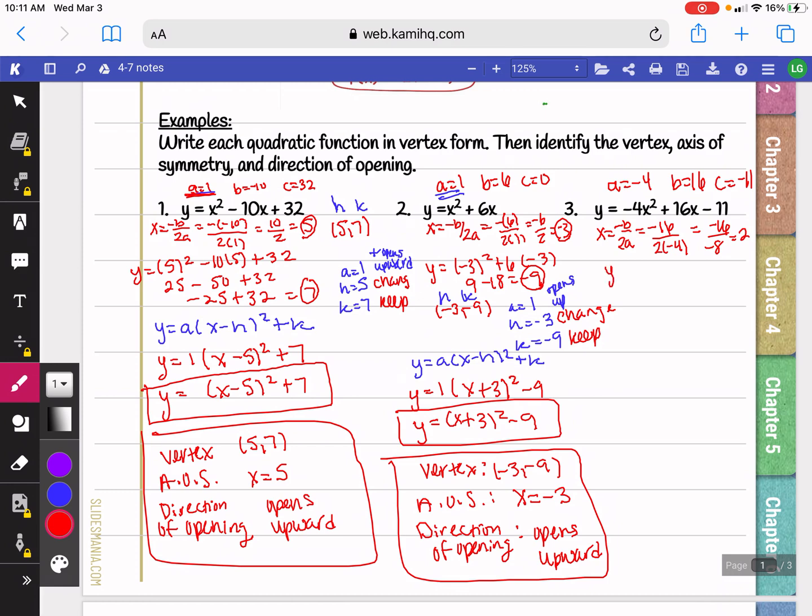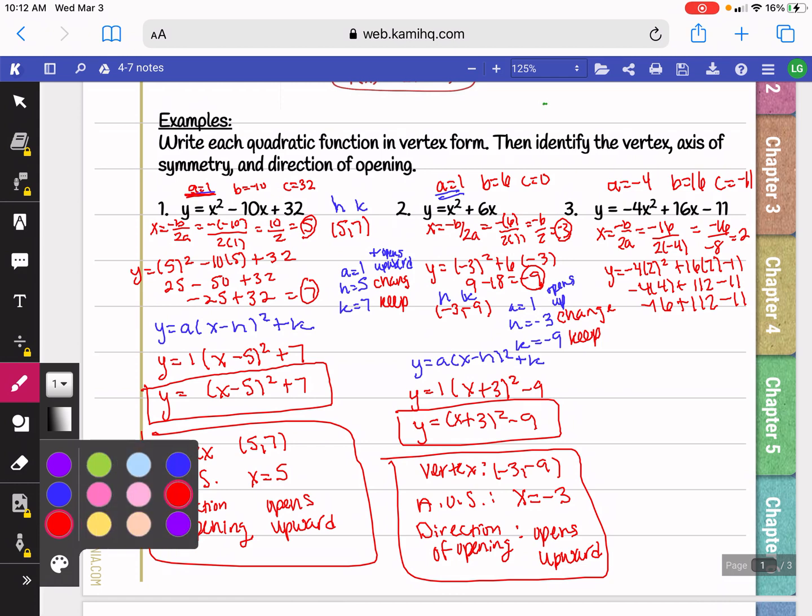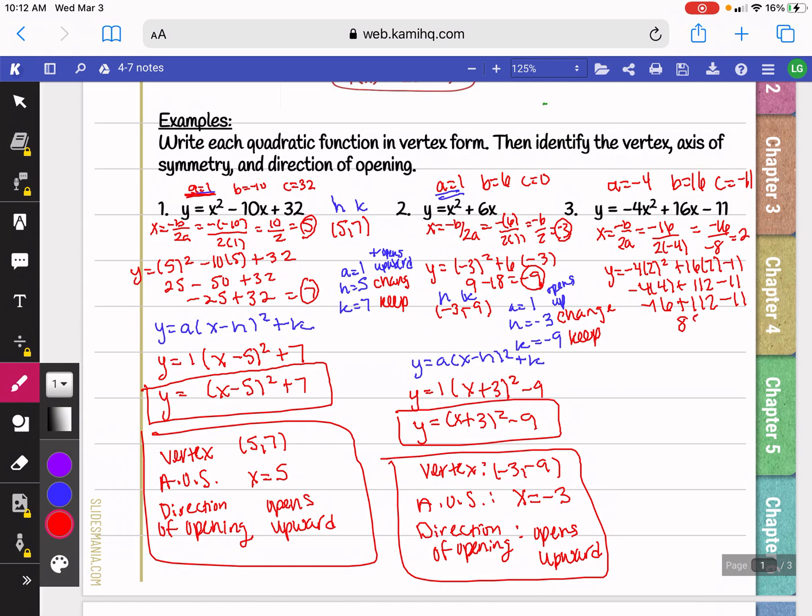So I'm going to plug in a +2 everywhere I see an x in the original formula. 2 squared is 4. 16 times 7 is 112. Here I get -16 plus 112 minus 11. If you work that out, it comes out to an 85. So my vertex is at (2, 85).